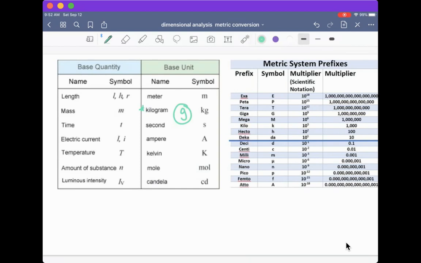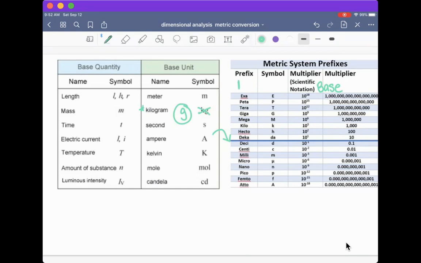All right, so remember, all of these base units, except this one, will fit right here at that blue line because that's 1. That is your base unit line. I also told you that the prefix is always going to have the 1 next to it, and the scientific notation and the regular standard notation multiplier equals the base unit.